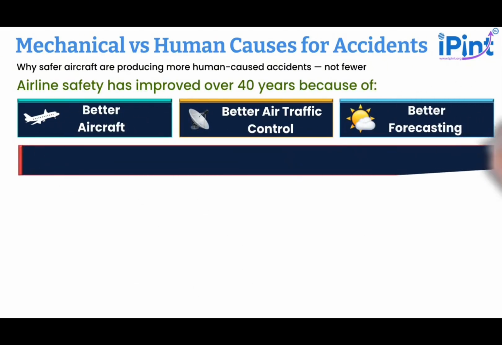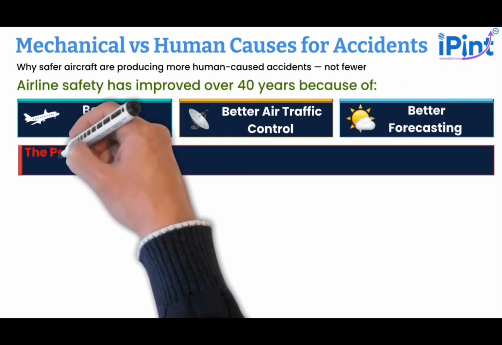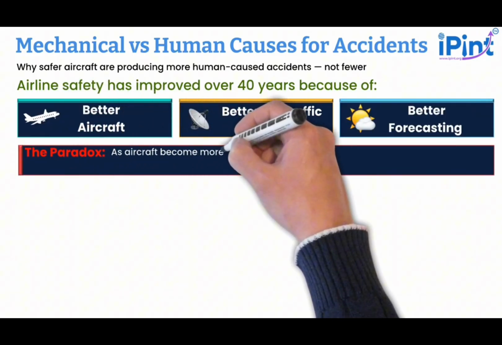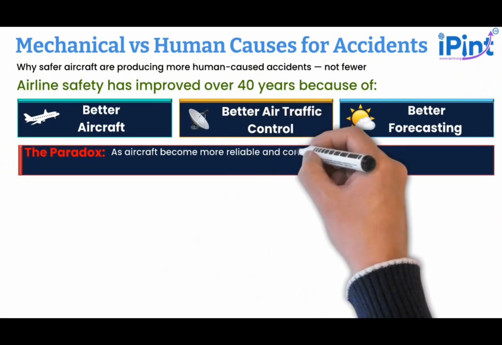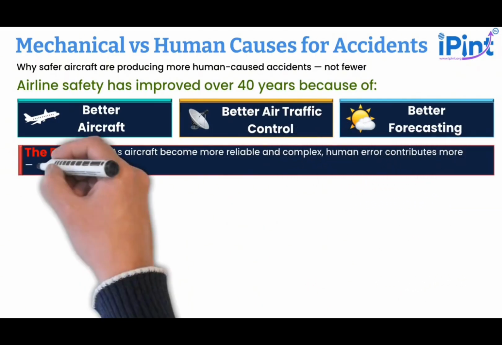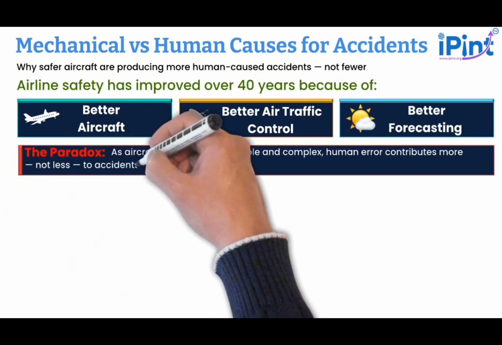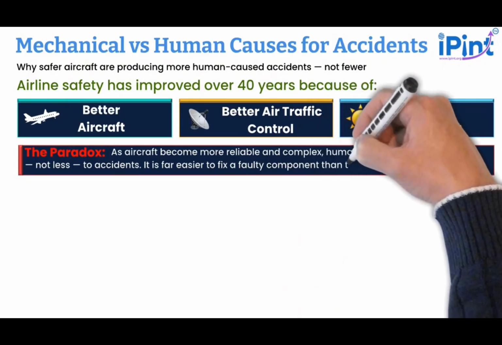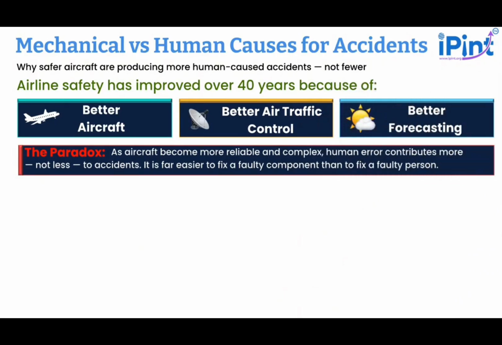But here is the paradox. As aircraft have become more reliable, human error has become more prominent, not less. Why? Because as technology improves, complexity increases. More systems mean more interfaces, more checklists, and more opportunities for something to be missed or misunderstood.